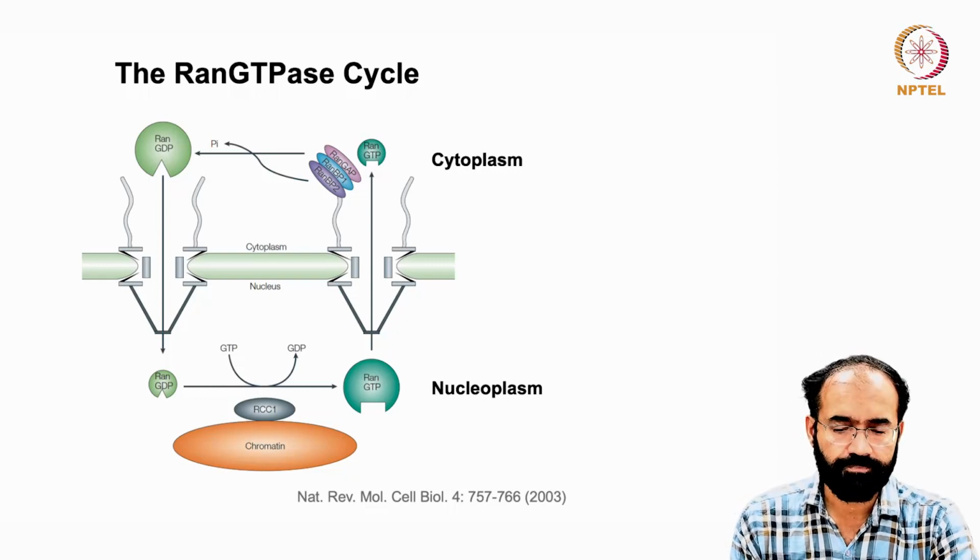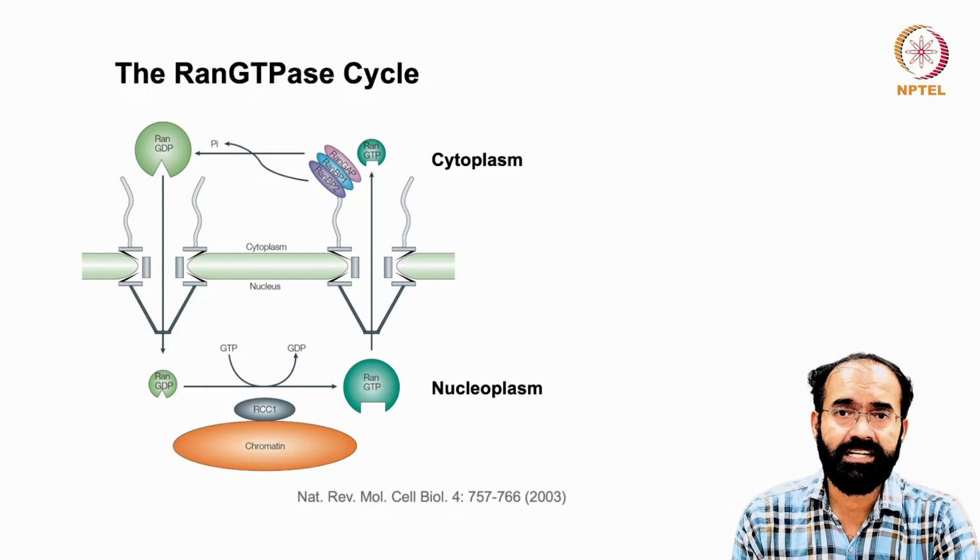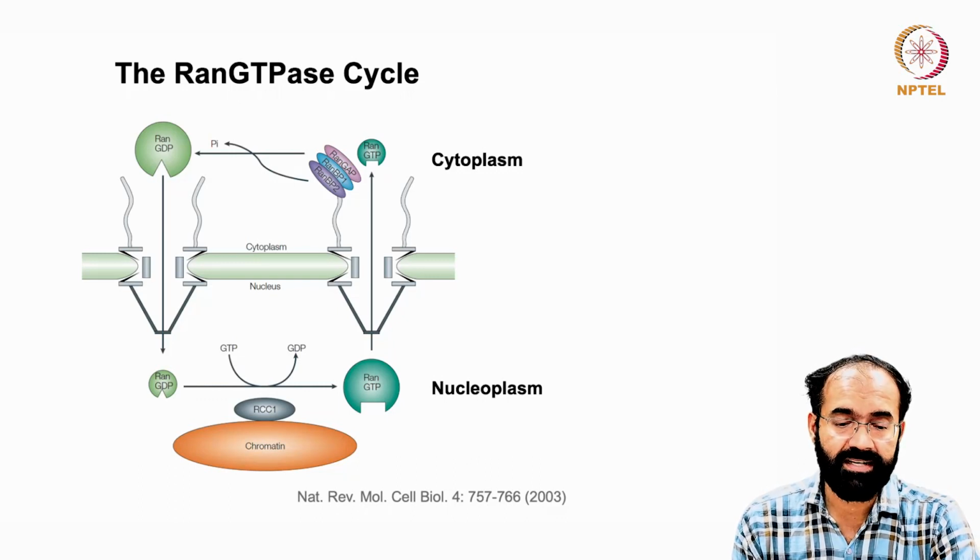So what happens when Ran GDP is here, it will be more in the cytoplasm. It will have a tendency to move to the nucleoplasm. In the nucleoplasm, what happens? The Ran GDP catches hold of GTP and it will get converted into Ran GTP.